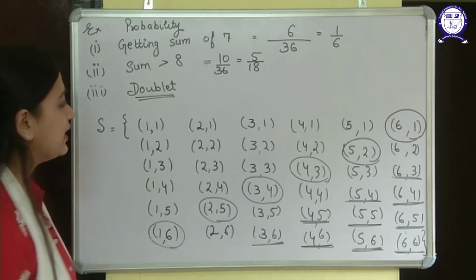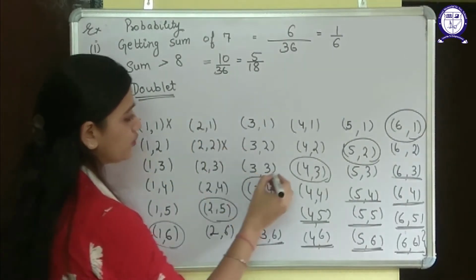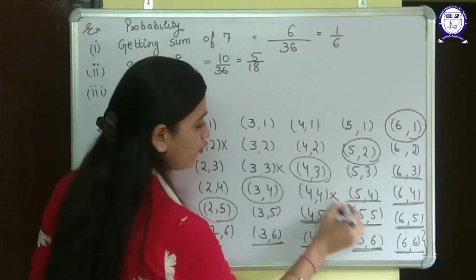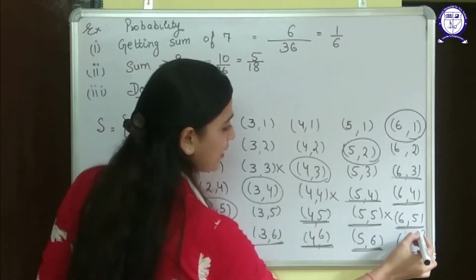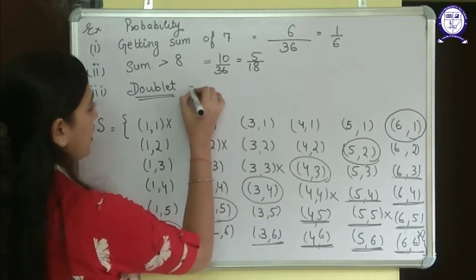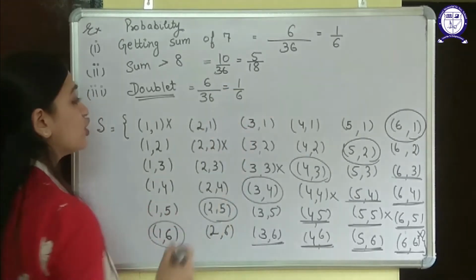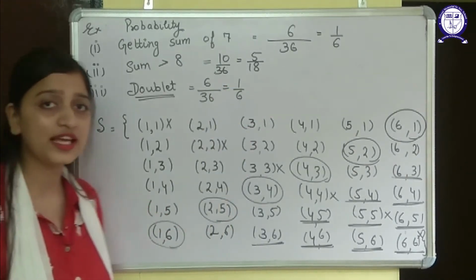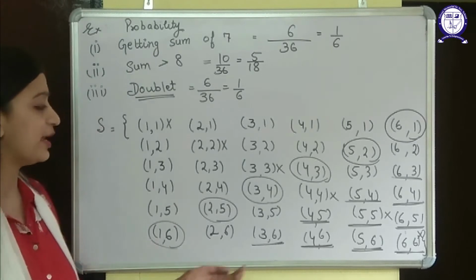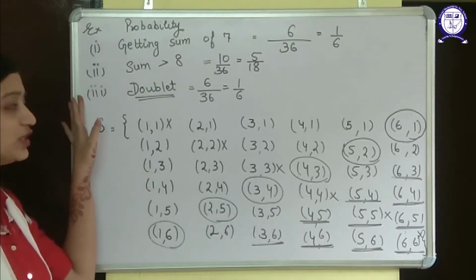You can see this is my 1, 1, 2, 2, 3, 3, 4, 4, 5, 5 and 6, 6. I have 6 outcomes and upon 36. Again 1 upon 6. So there are many type of questions which can be asked according to this table. If you make this table properly, you can easily do this question.